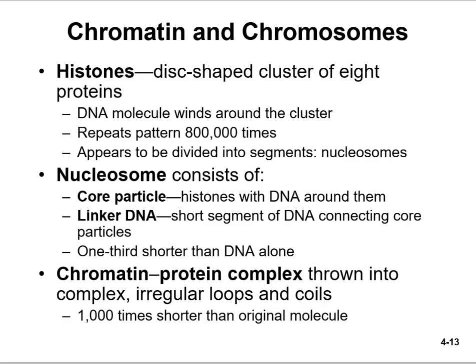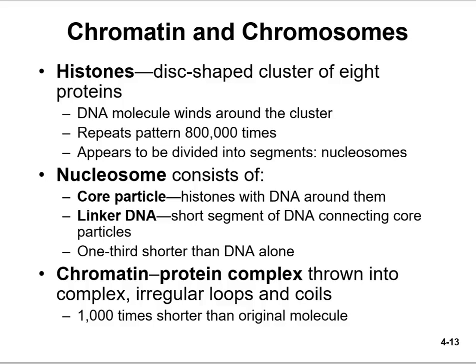The nucleosome consists of a core particle, which is histones with DNA around them, and then linker DNA, which is a short segment of DNA connecting the core particles. And it's 1/3 shorter than the DNA alone. So remember when we said at the beginning of this lecture that if we could string all the DNA together in one cell, it would be over 2 meters long.